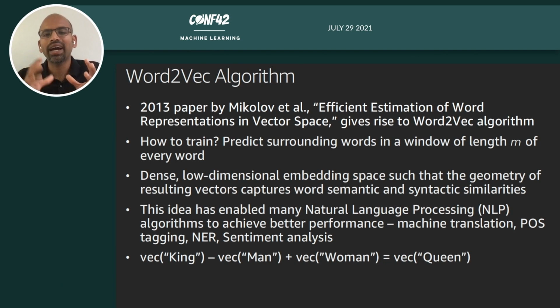And then if I add the vector of woman to it, I arrive at the vector of queen. This is magic because we have managed to understand the meaning of a word and then do typical addition and subtraction that we play with numbers, but in this case with words and the inherent meaning that they bring with it. So that's exactly what the word2vec algorithm is trying to solve.